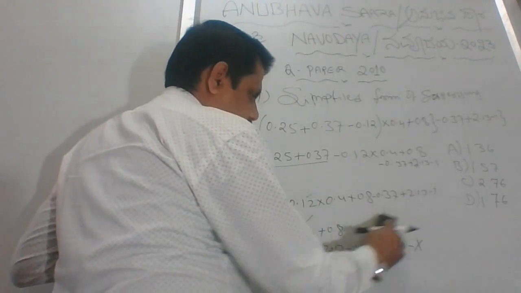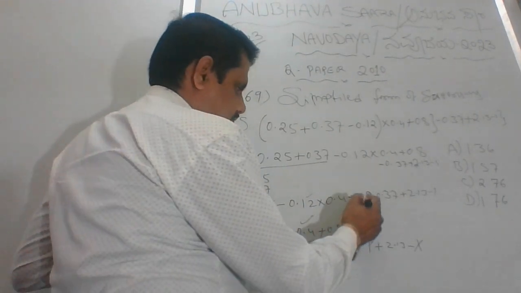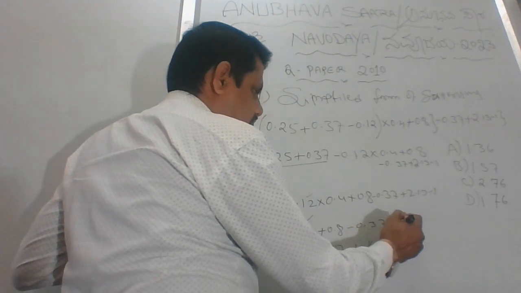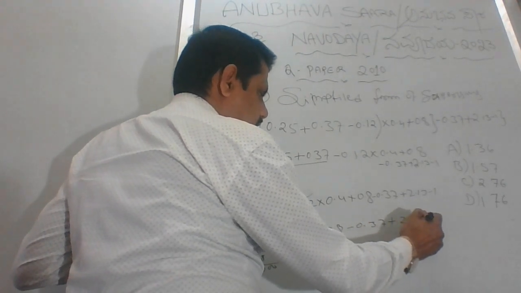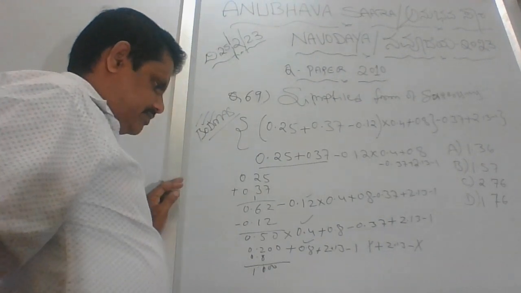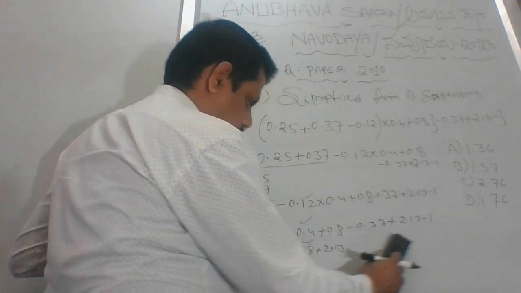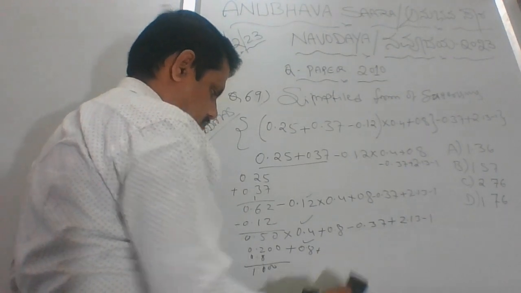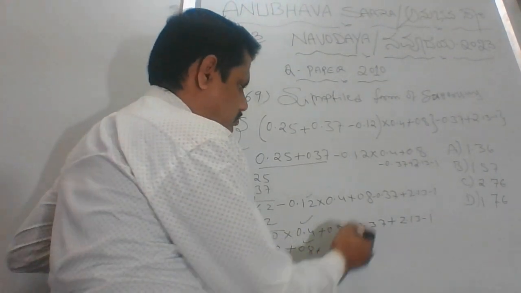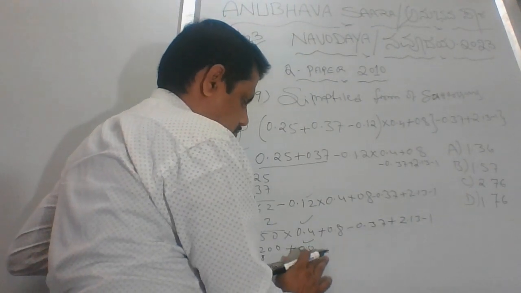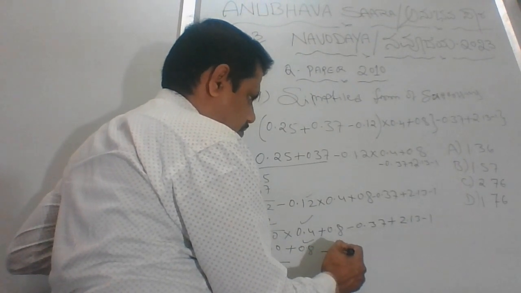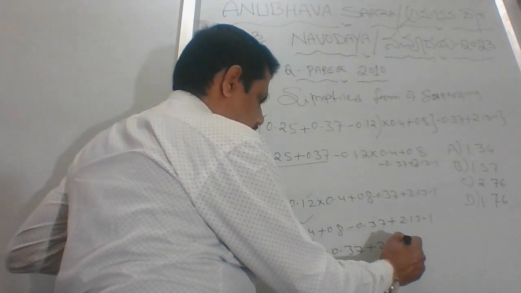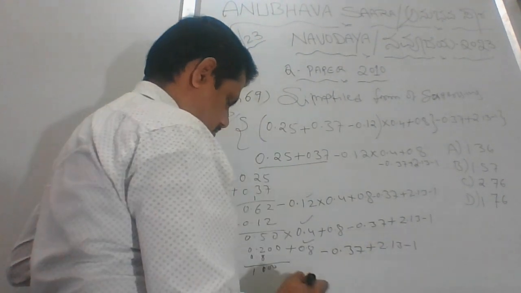0.37 went here, that's why it's coming wrong. Plus minus 0.37 plus 2.13 minus 1. Minus 0.37 plus 2.13 is 1.